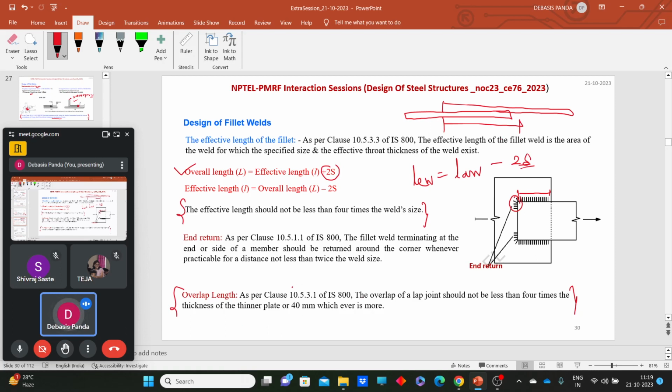Here, clause 10.5.3.1 is also an important clause. The overlap of a lap joint should not be less than 4 times the thickness of the thinner plate or 40 mm. That means the minimum overlap length should be the maximum of 4 times the thickness or 40 mm.